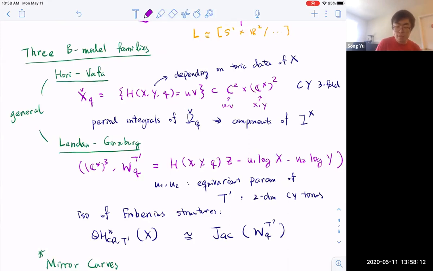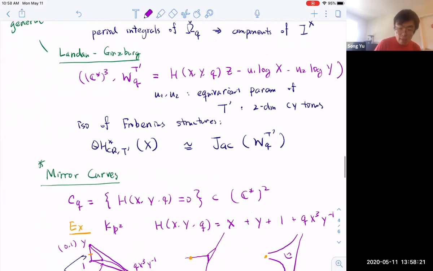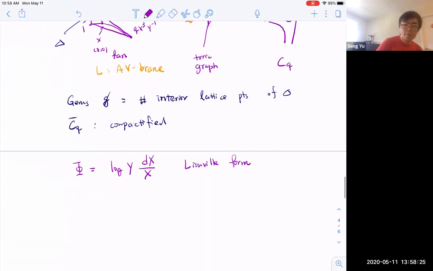So in this sense of integrals, the theory on the Hori-Vafa mirror can be reduced to the theory on the mirror curve. And also for the mirror curve, you can have the following function, which is u1 log x minus u2 log y. Let's call this X check. This can be viewed as a superpotential on the mirror curve.